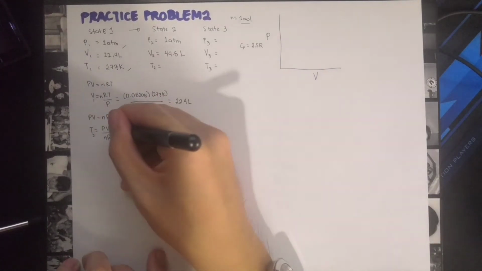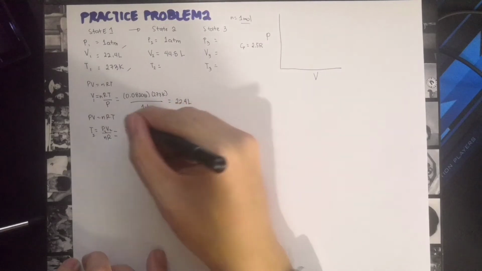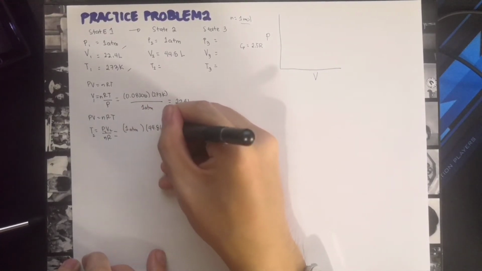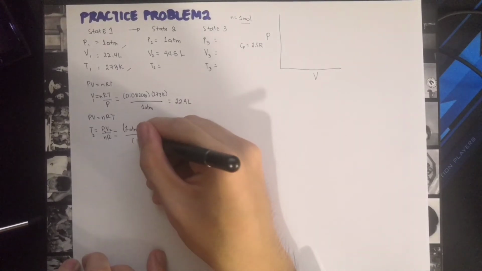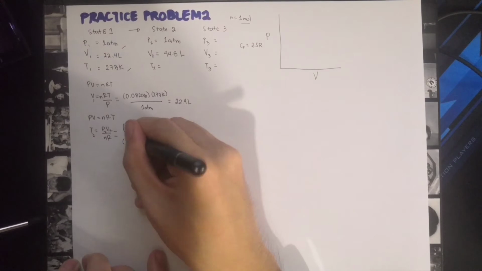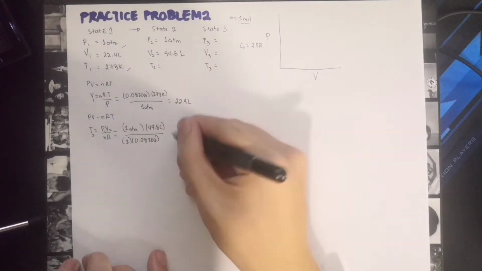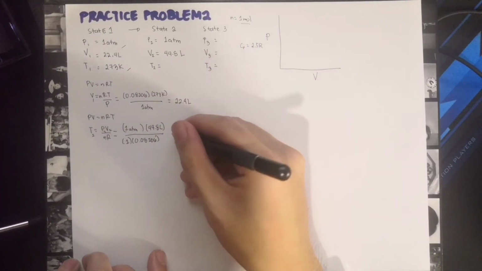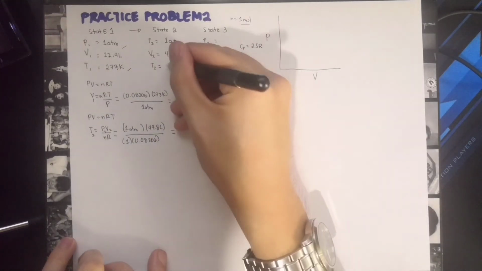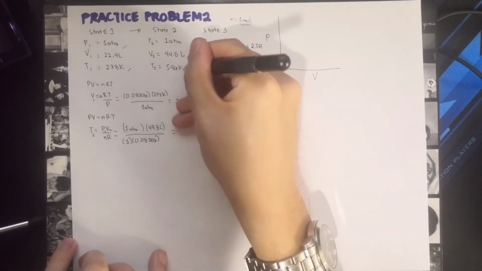So T2, V2, P2. V2 is 44.8 liters. And R is again 0.08206 multiplied by 1 again. And we get temperature is just double of 273, which is 546 Kelvin.